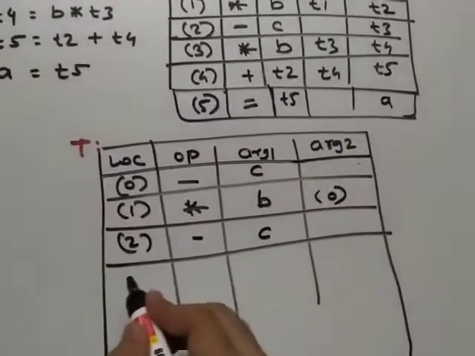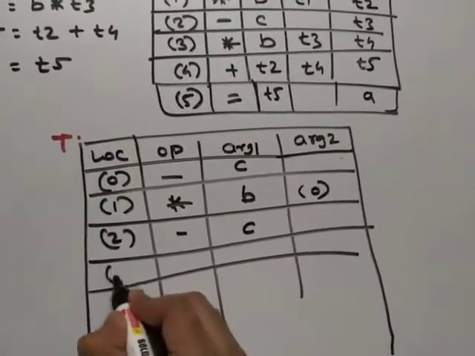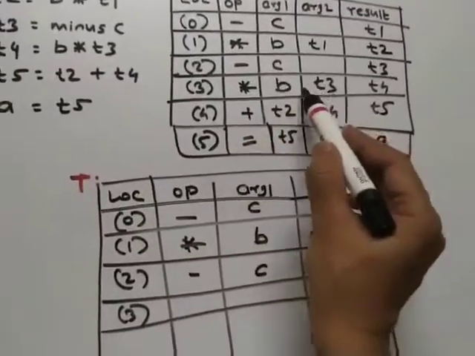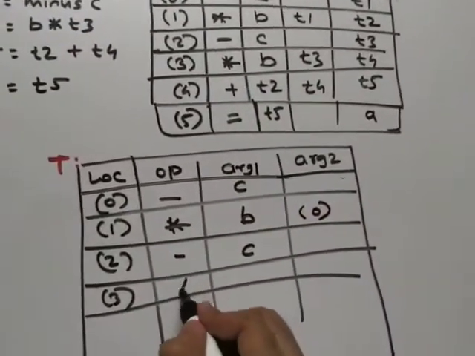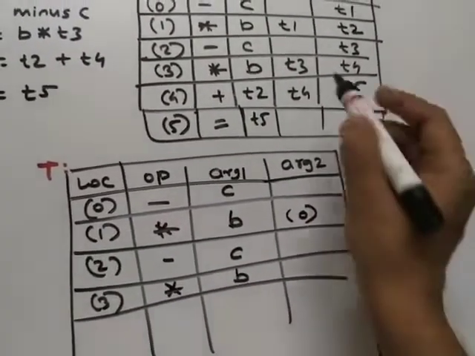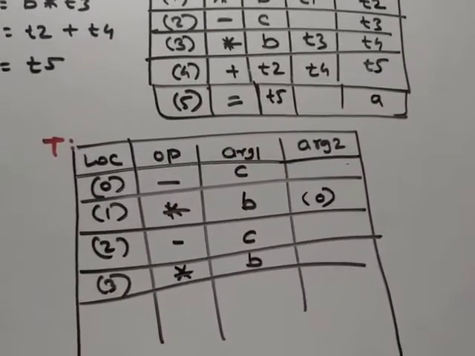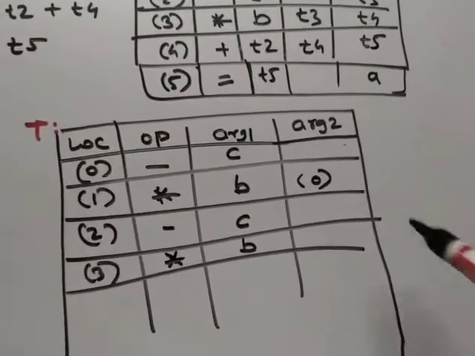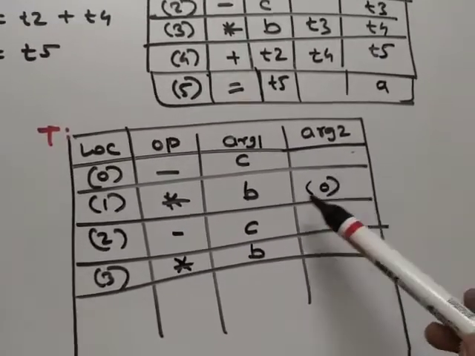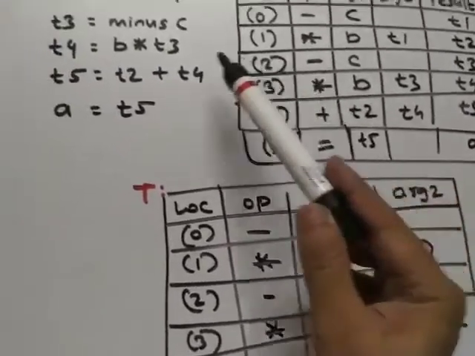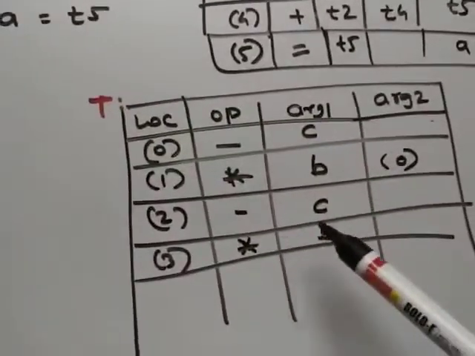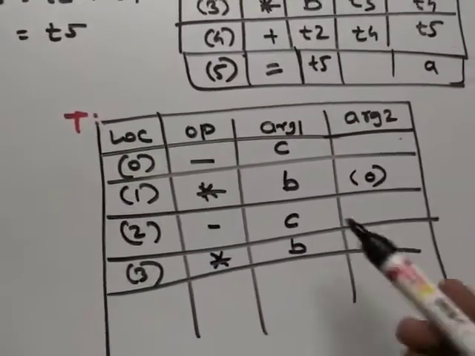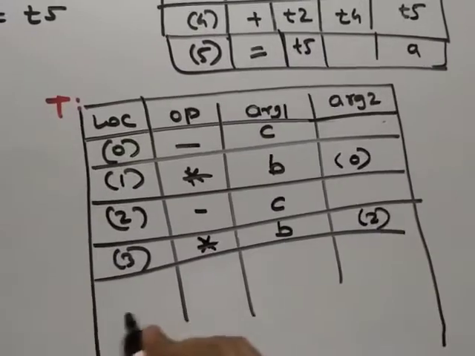Next, for location 3, we will have star, B, T3 and T4. So star will be there, B will be there, and now T3. What is the T3 argument? You can observe that the T3 argument is minus C, and minus C is stored at 2. So it will be B and 2.